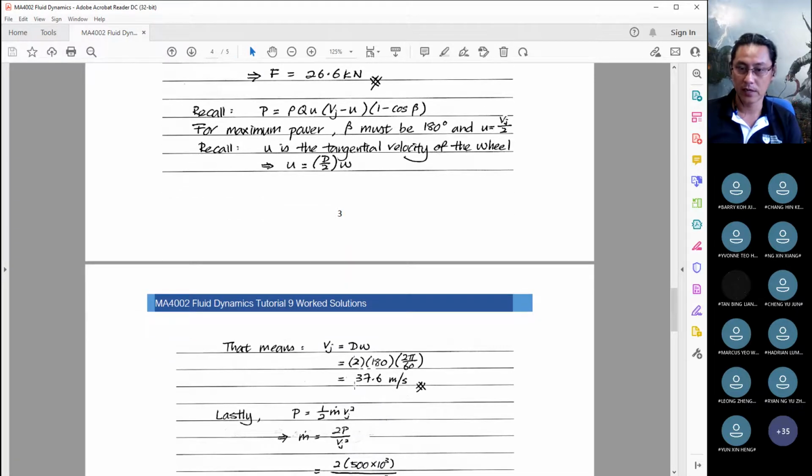We know that D equals 2 meters, omega is 180 RPM. We must multiply by 2 pi divided by 60 to get radians per second. And we can get the jet velocity to be about 37.6 meters per second.